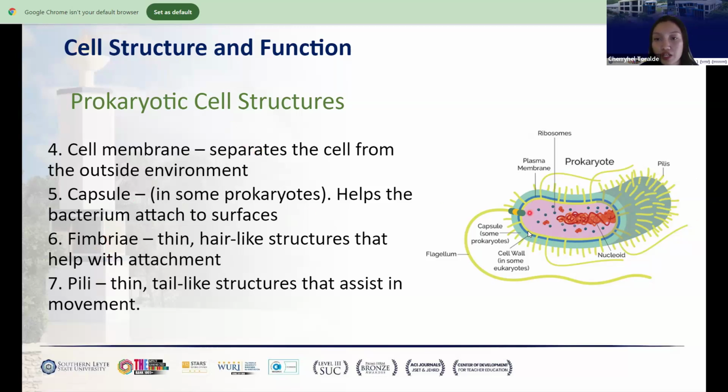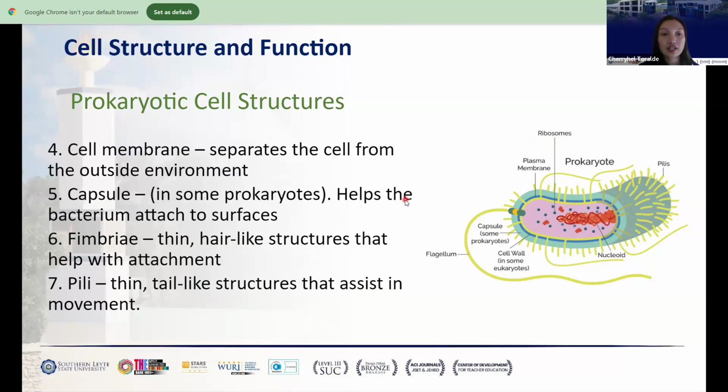Next, fimbriae. Fimbriae are thin, hair-like structures that help with the attachment of a prokaryotic cell. And then the pili are thin, tail-like structures that assist in movement. So if it's for attachment, it's called fimbriae, while if it's for movement, it's called pili.